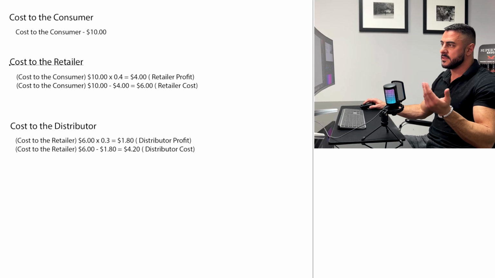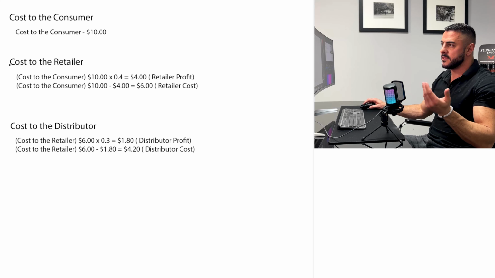Well, we're going to start from our last tier, which is the cost to the distributor, which we calculated was $4.20. Now, because we're going to require a 50 to 60% margin, we're again going to calculate this on the higher end, 60% margin.